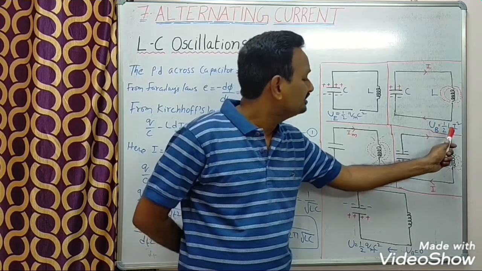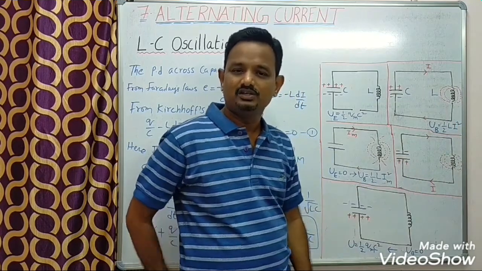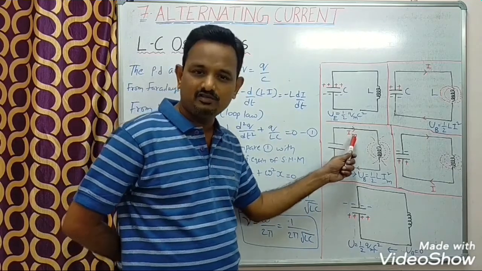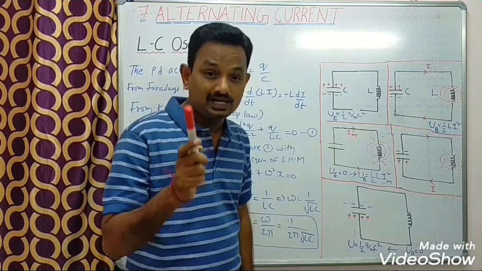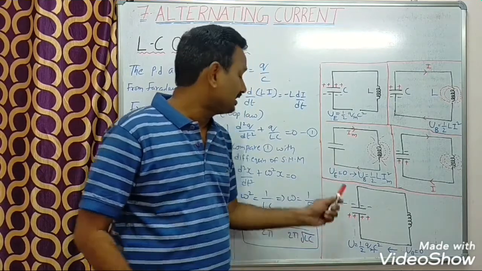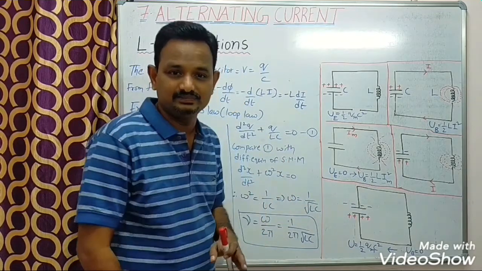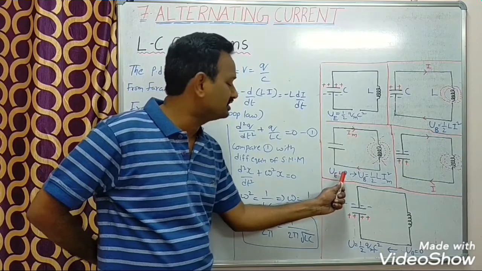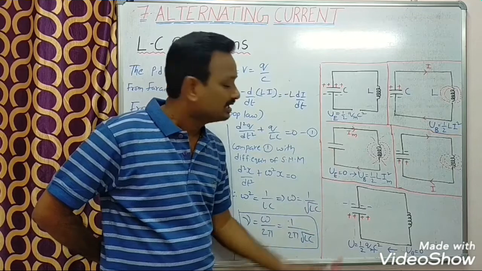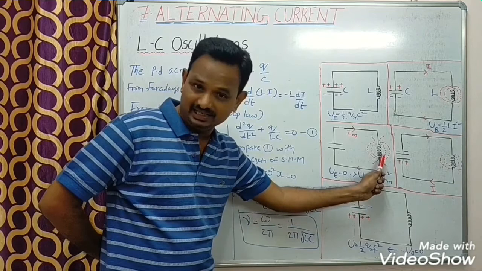UB is equal to half into L i squared. See, for a maximum current Im, there will be a complete discharge of charge from the capacitor. Here, electrical energy is completely converted into magnetic energy. Look here, UE becomes 0. UE means the electrical energy stored in the capacitor, which is completely converted into magnetic energy in the inductor.